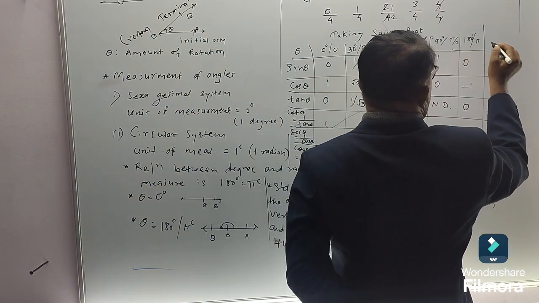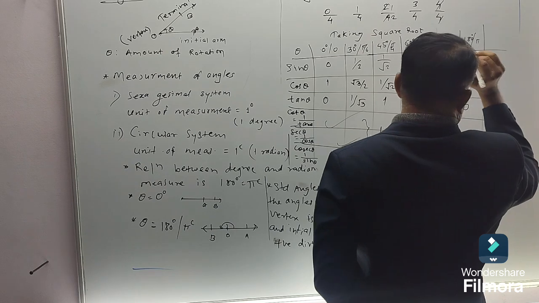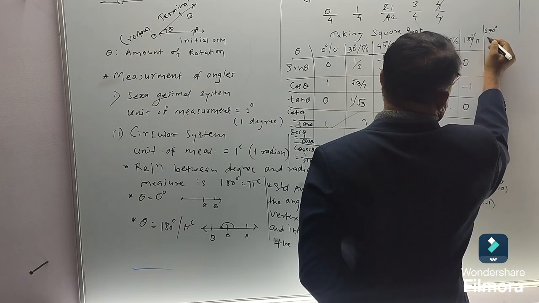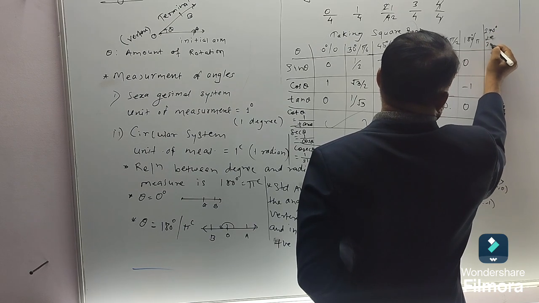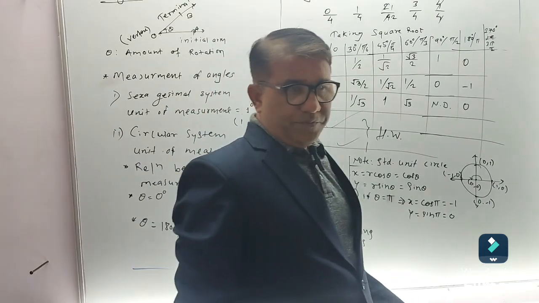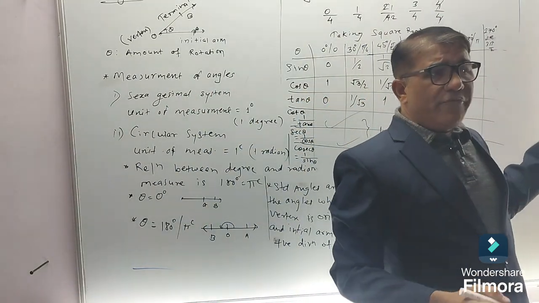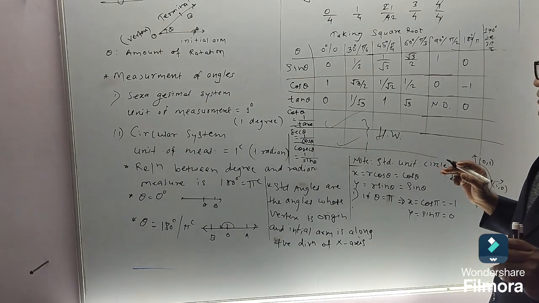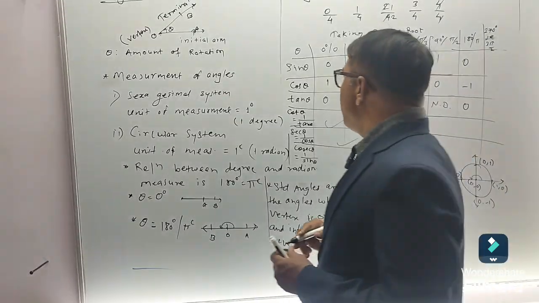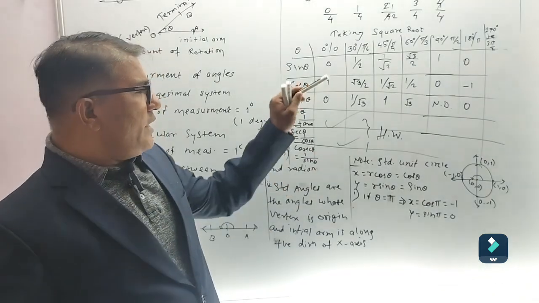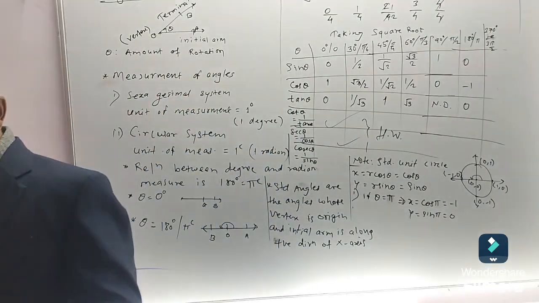Yes, let us see what happens if I take 270 degrees, that is 3 pi by 2. Now if I take theta as 3 pi by 2, I think that side is not visible.